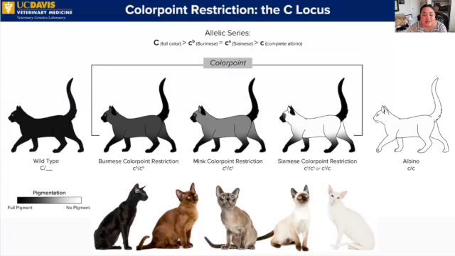The third allele is the Siamese allele CS, which is expressed as the Siamese color point restriction phenotype, where the extremities are pigmented but the body is very light or white. And finally, the fourth allele is the albino or the colorless allele little c, which is expressed as a completely white coat, totally lacking any pigmentation, not even in the extremities.